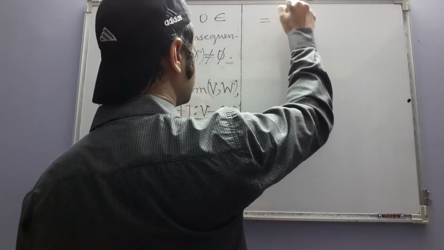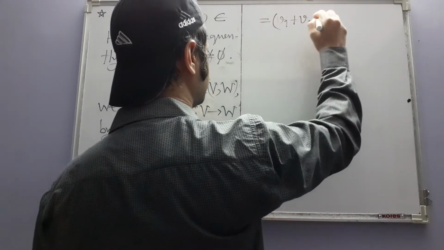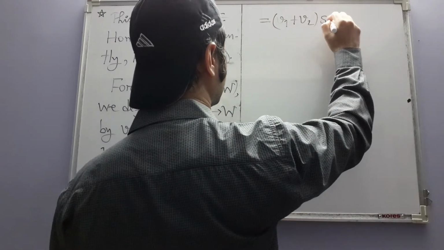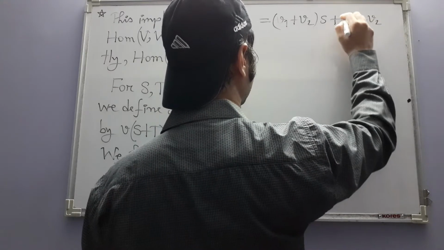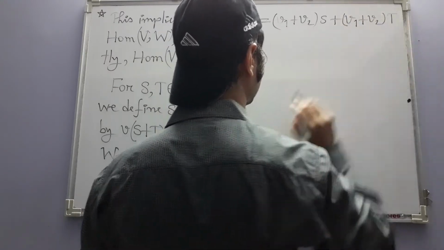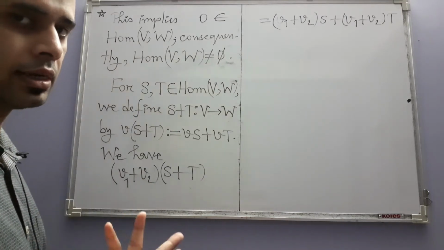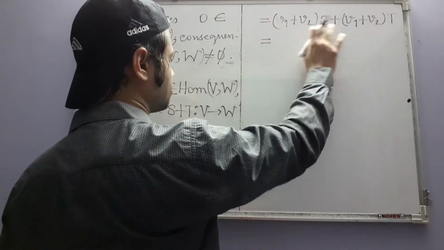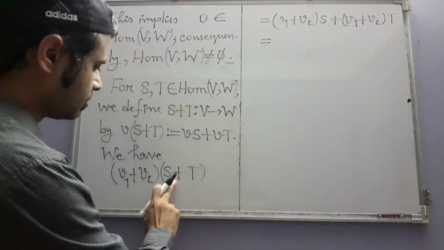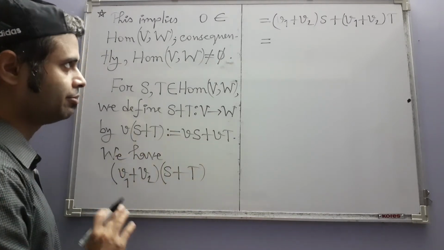So this is the S image of v1 plus v2 plus the T image of v1 plus v2. In this step we ignore the fact for the moment that v1 plus v2 itself is a sum. We just consider it as a single vector. This is where we have simply applied the definition of S plus T.